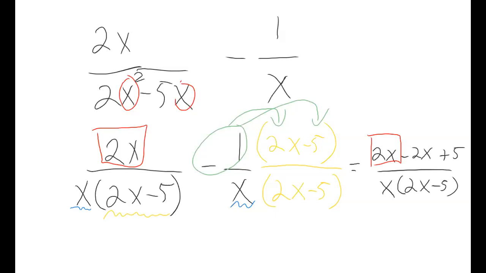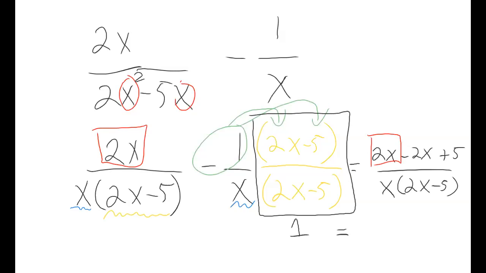All right, that whole 2x minus 5 there, that is the thing I had to add so that I could have a common denominator. What allows me to do this mathematically is that 2x minus 5 over 2x minus 5 is really just 1. All I did to that fraction is multiply it by 1.